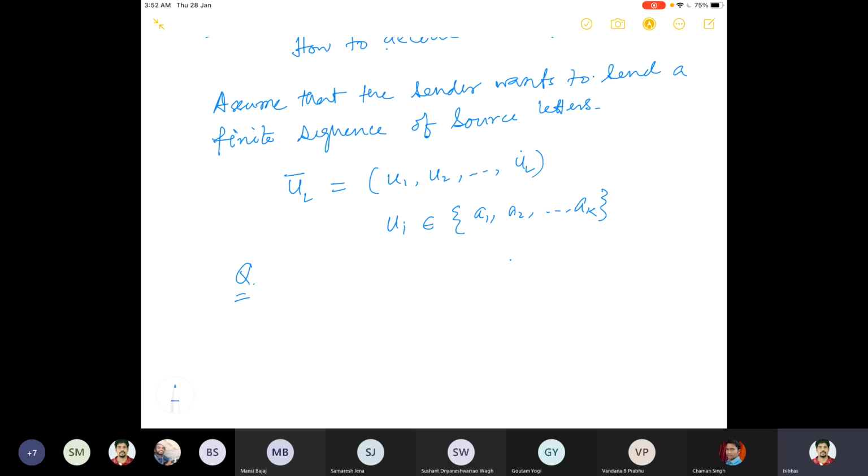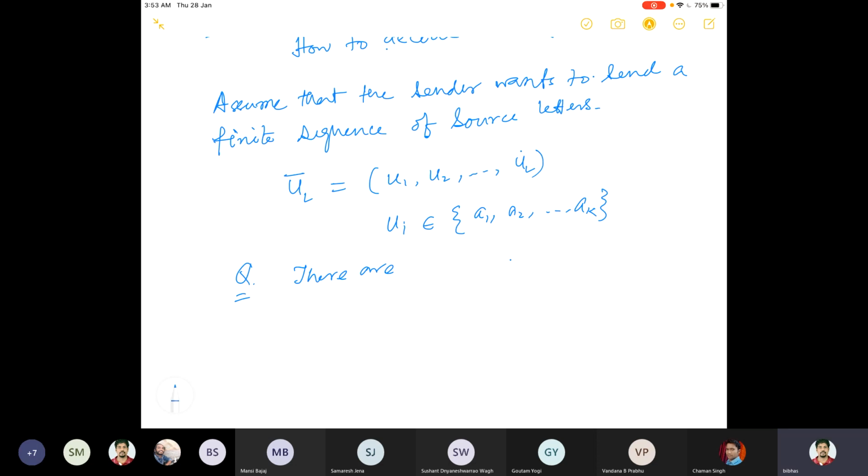Now the first question is, if the sender wants to send a sequence of L source letters, how many possible ways can the sender generate such a sequence? Each Ui has k possibilities, and there are L many Ui's.